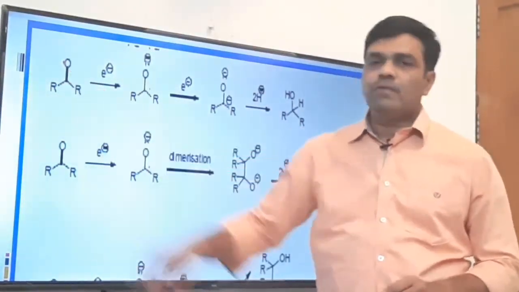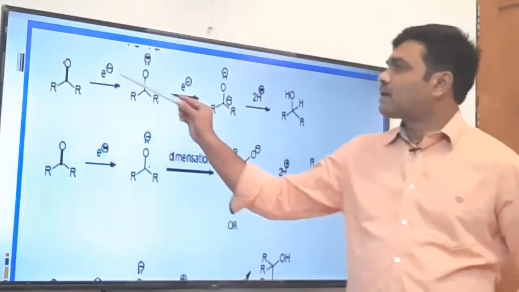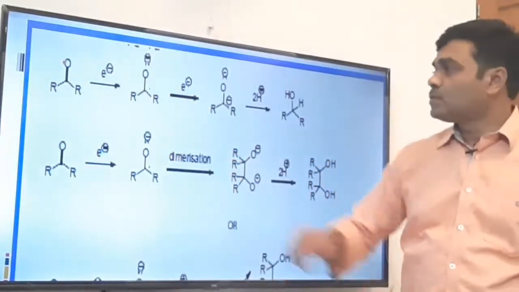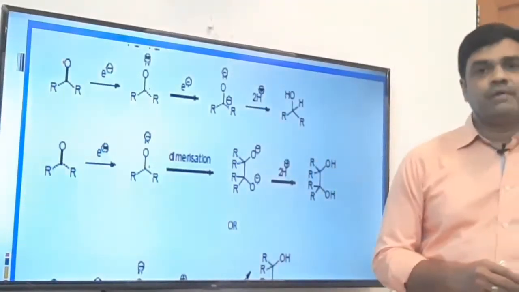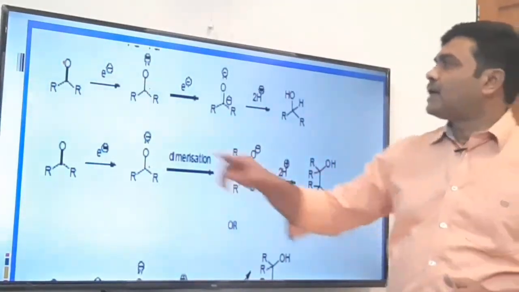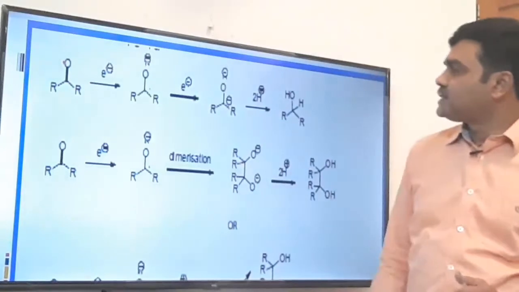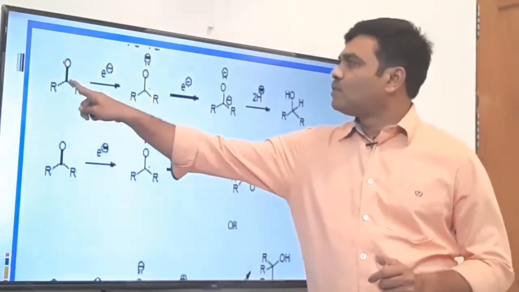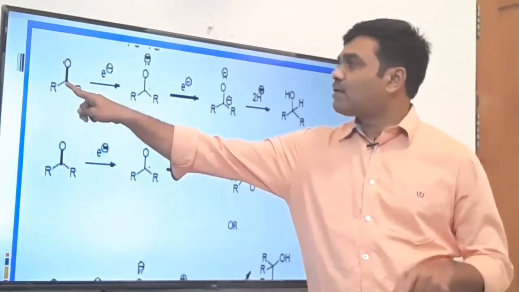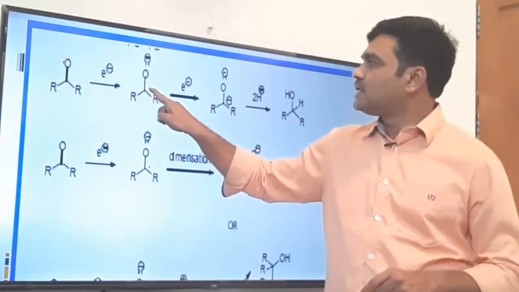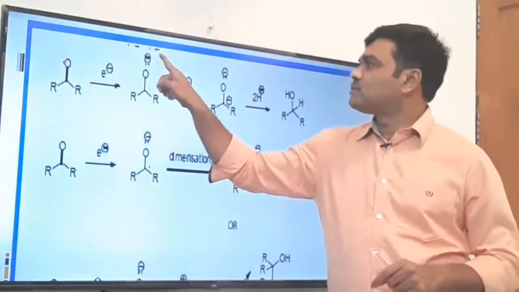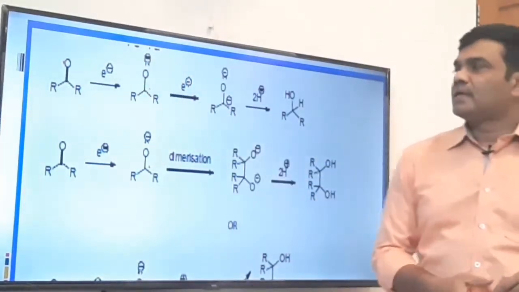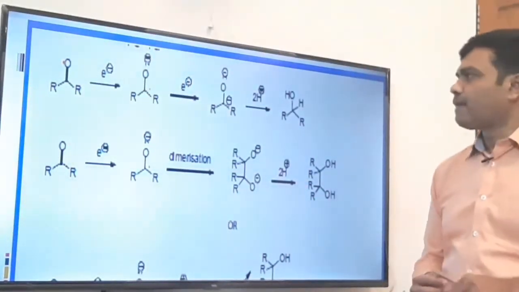This is C double bond O. This electron will go to the carbonyl carbon, of course, because the pi bonded electrons will move onto the oxygen, oxygen will have the negative charge, and carbon will have a positive charge deficiency. So this electron goes to this electron-deficient carbonyl carbon. This dot written here is a free radical, and the pi bond is on the oxygen, so it is a radical anion, an alkoxy radical anion.